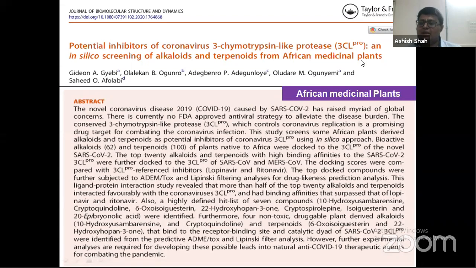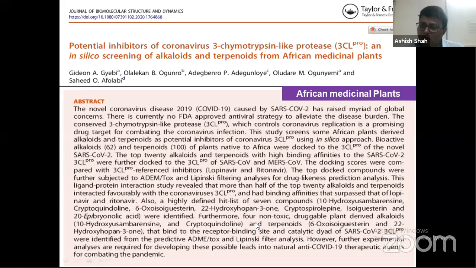So this is a database, and from there they screened alkaloids and terpenoids. Here you can see 62 alkaloids and terpenoids from 100 plants they chose for the target 3CL Pro, and they ended up with these compounds.